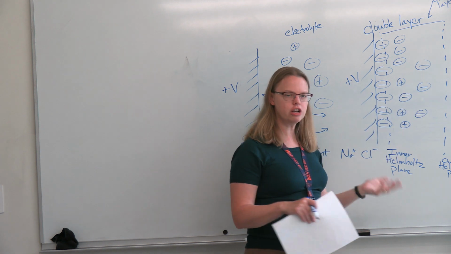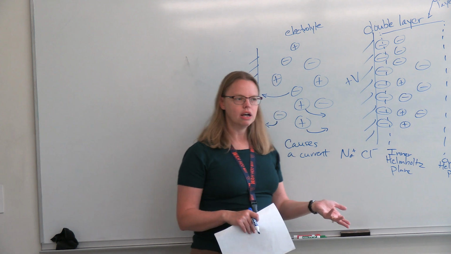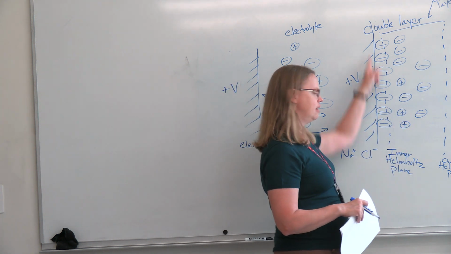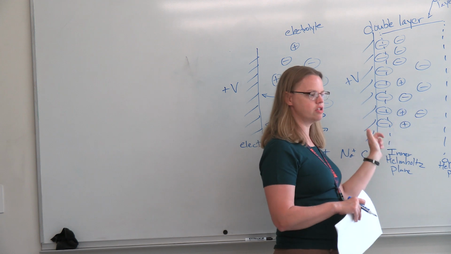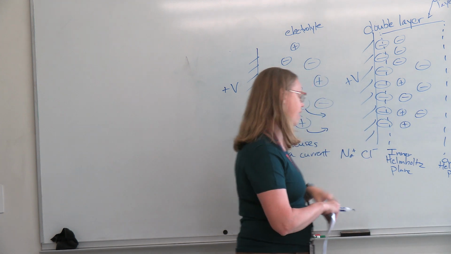But eventually they're gonna reach a steady state, right? So eventually these ions have rearranged themselves, and some may be moving because it's solution, but they kind of cancel each other out.